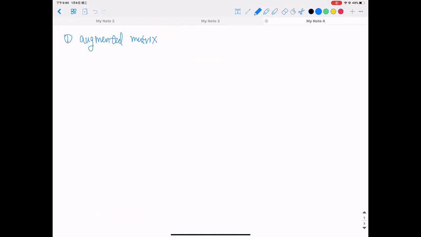This is of the following form: a11, a12, a1n, a21, a22, a2n, am1, am2, amn, and like I did before, let's put a dashed line here, and I'll put the constants.